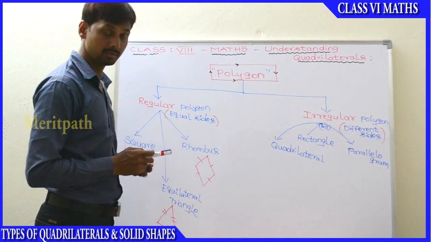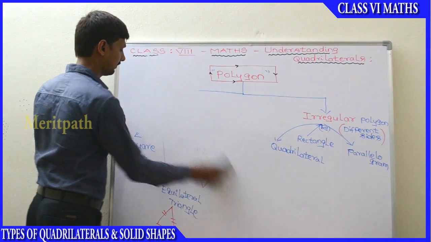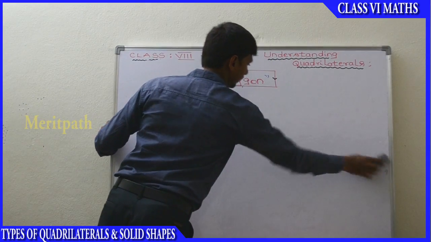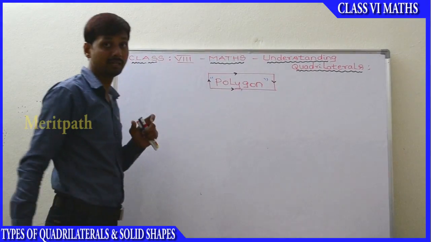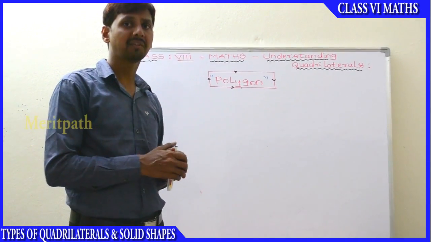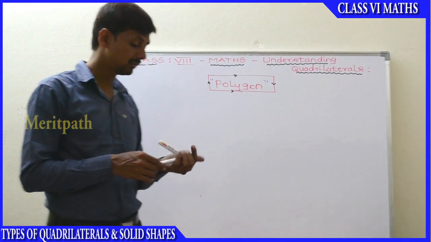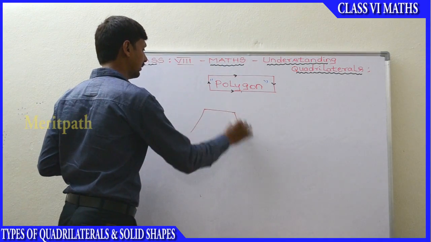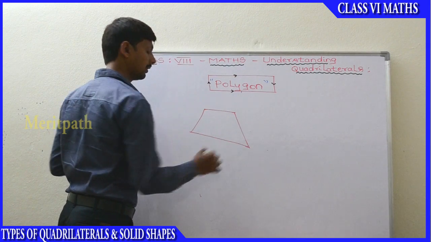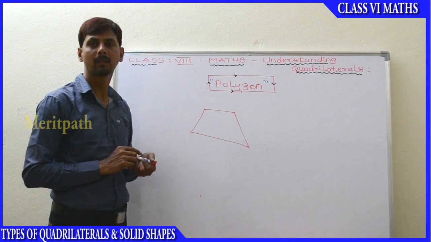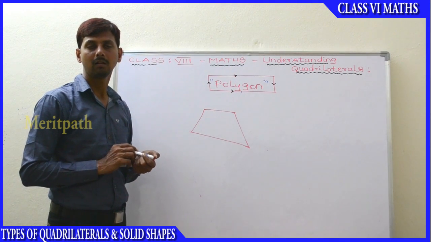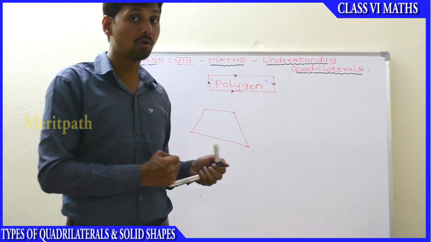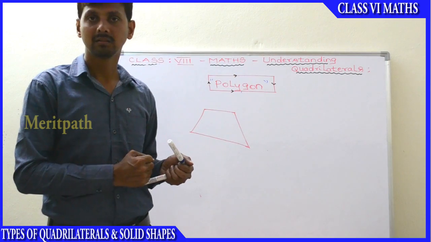Let's go to the next concept. If you take any polygon with a number of sides, except a triangle, for example a quadrilateral, which has 4 sides, and you join non-consecutive vertices of this quadrilateral.